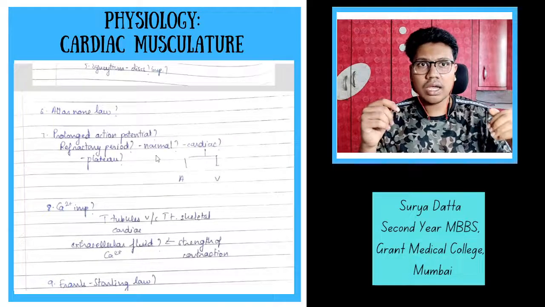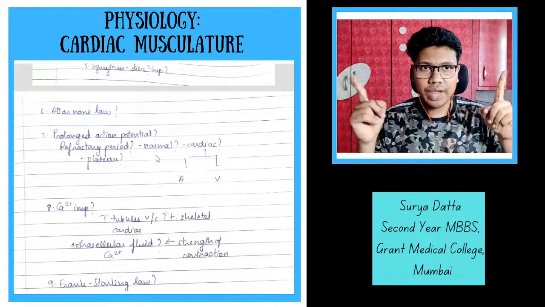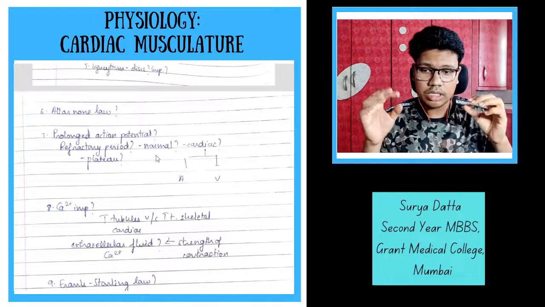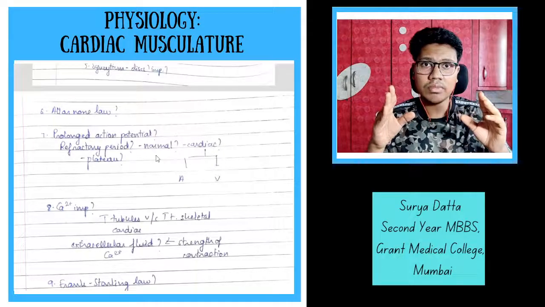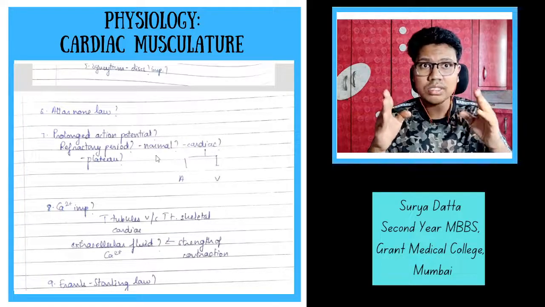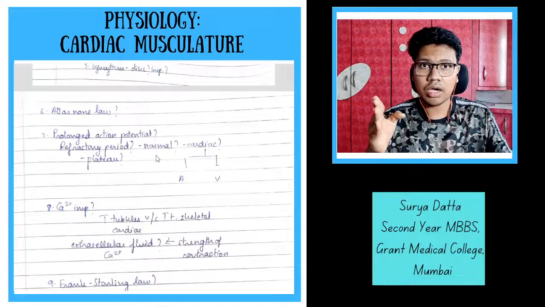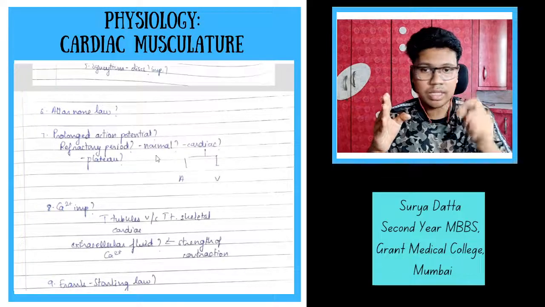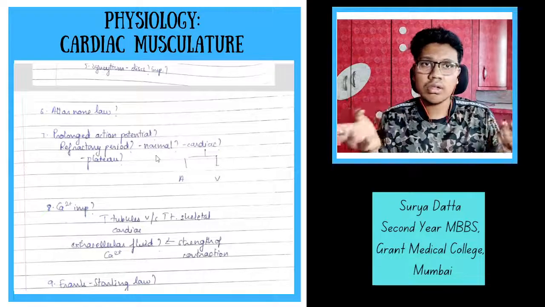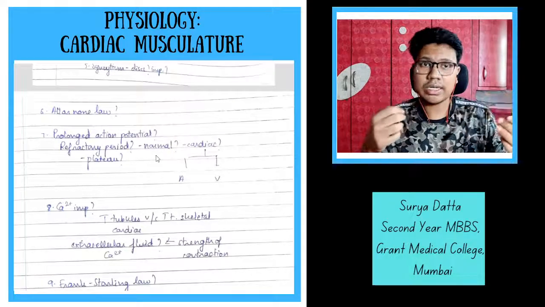Now, what happens in the heart is that the refractory period, which is basically the minimum amount of time between two nerve impulses that will cause a contraction in the heart. So if I give an impulse in the middle of a refractory period, the heart won't contract a second time.